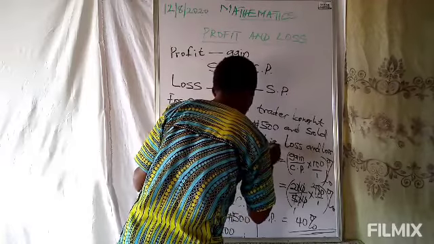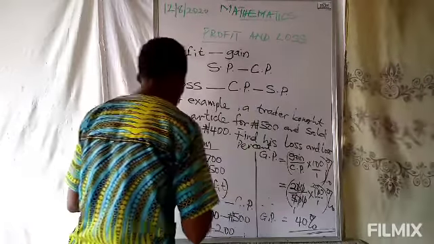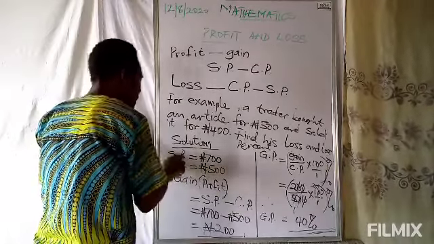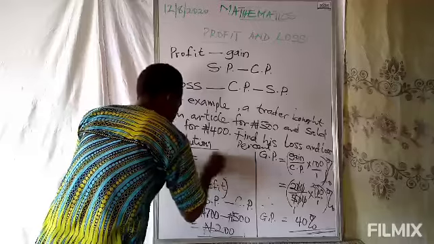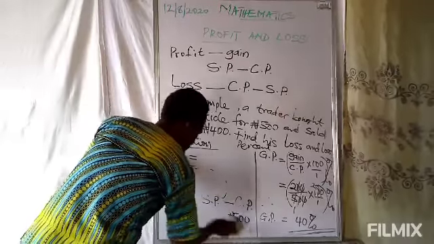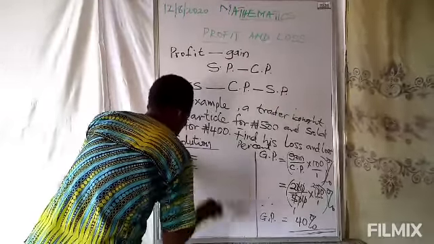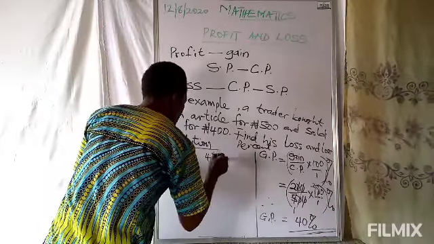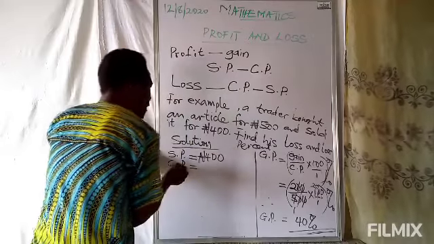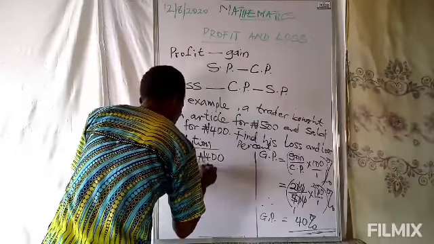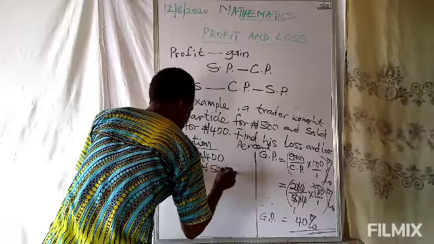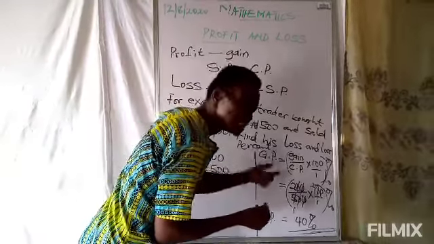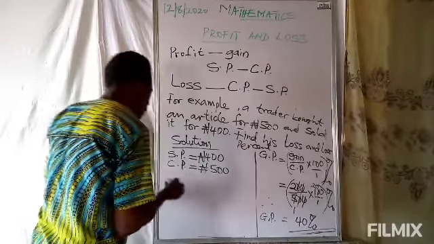So in this case now, we start again. Our selling price becomes 400 naira now. Then our cost price is 500 naira. Therefore, this time now, the person loses. He does not gain. So here we now say loss.